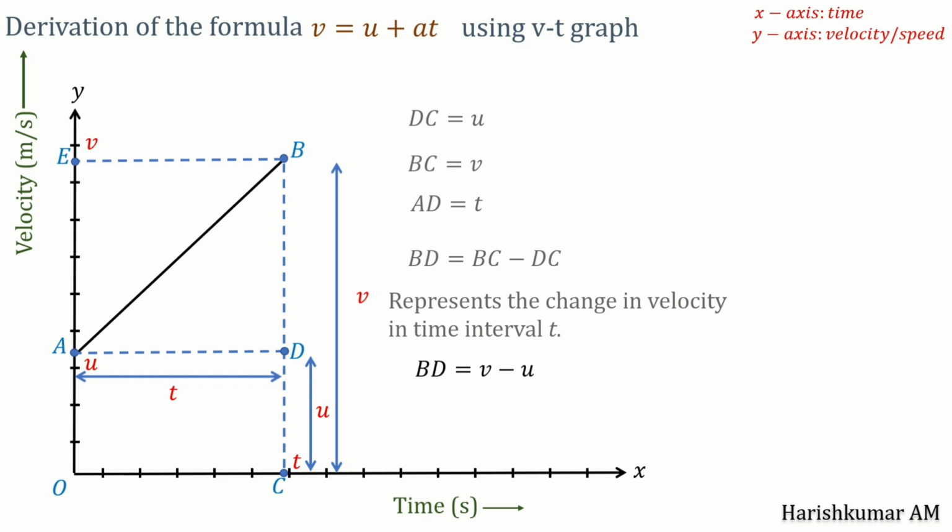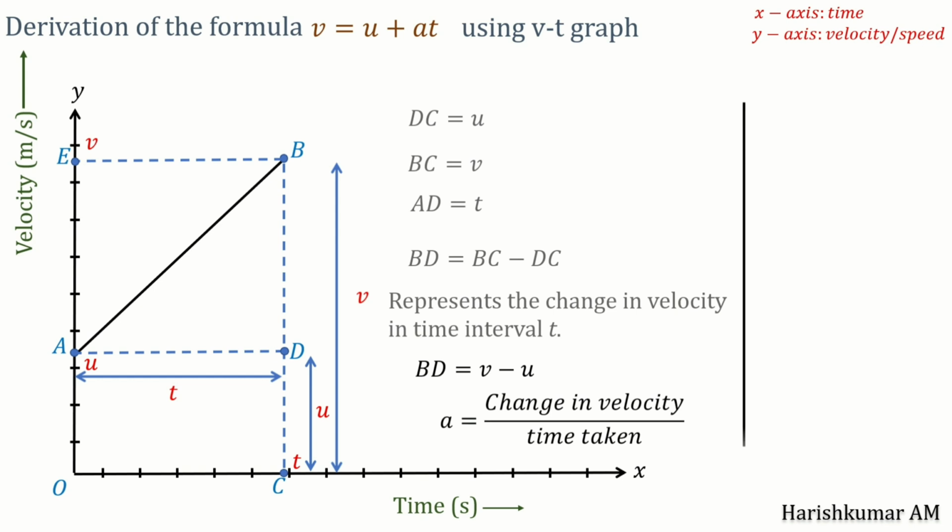Substituting for BC and DC, we have got. By definition of acceleration, we know that rate of change of velocity is nothing but acceleration. So, a is equal to change in velocity by time taken. Now, substituting for a and further substitution, we have got a is equal to v minus u by t.